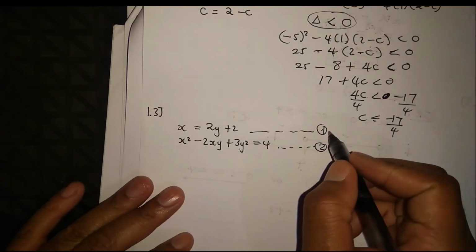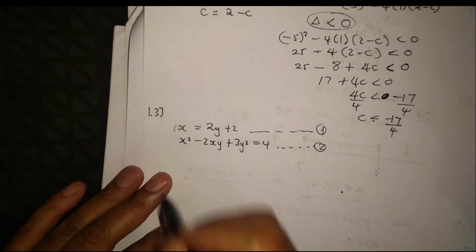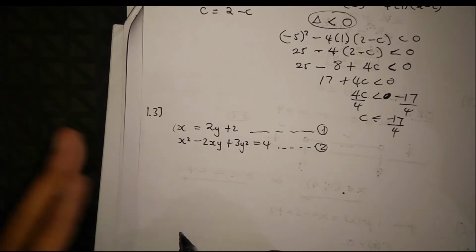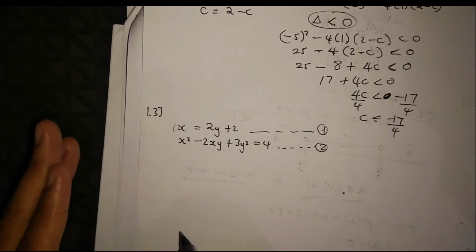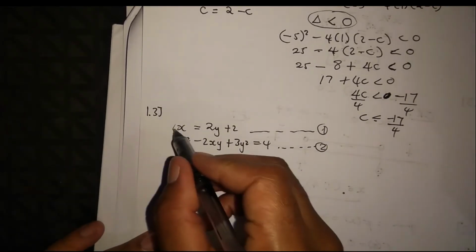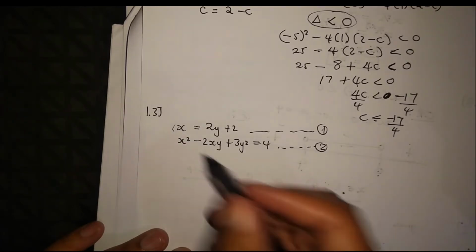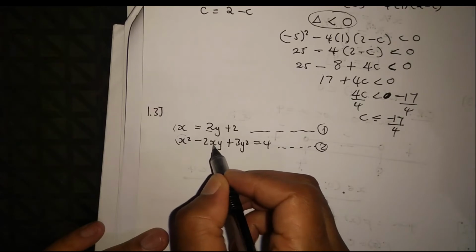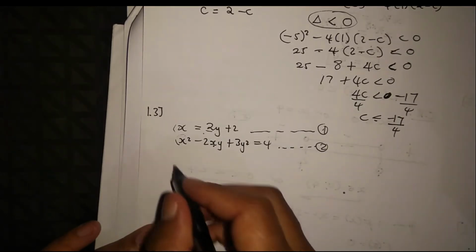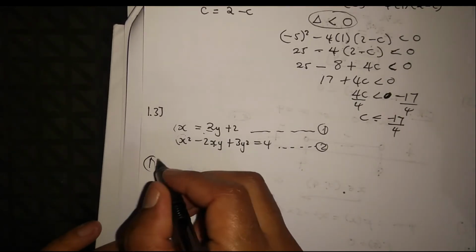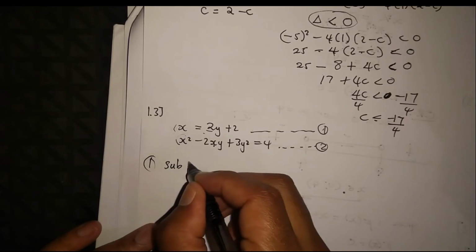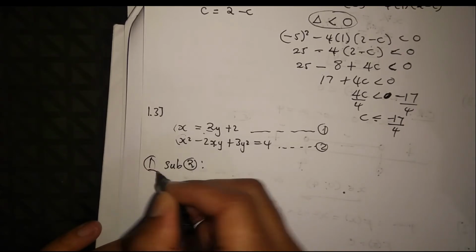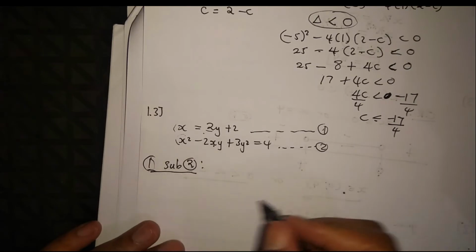What I like about this question is that x is made the subject of the formula, so there's no need to produce a third equation. We just substitute. Where there's an x you substitute the expression. So equation 1 is substituted into equation 2.